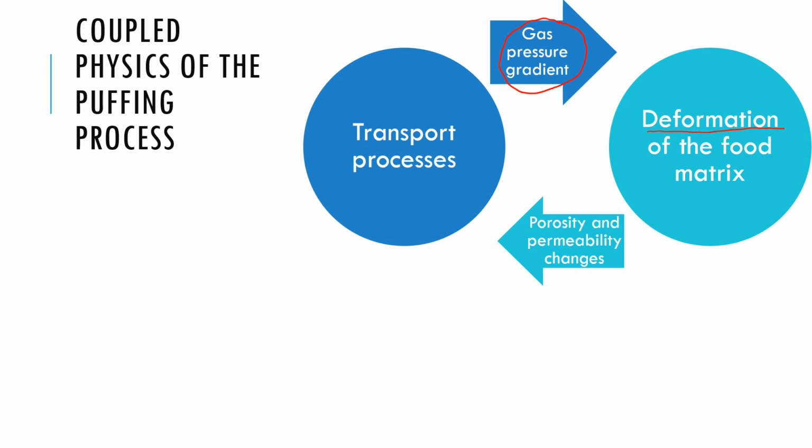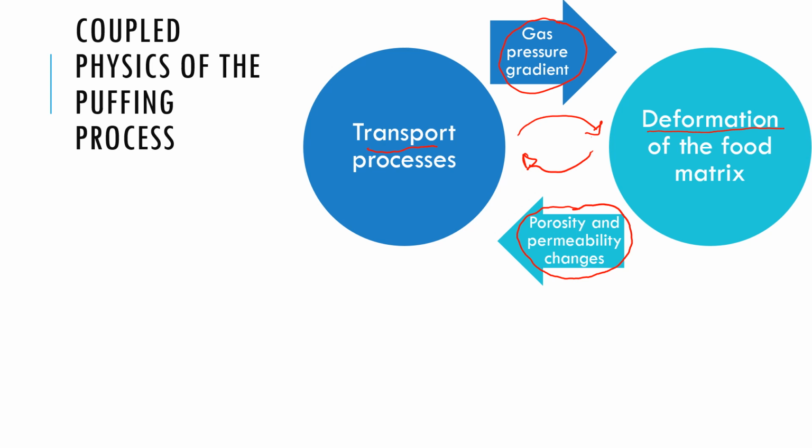So all of the transport processes, how heat moves, how liquid moves, or how the vapor moves, they all get changed because the porosity and permeability all change. So deformation also affects the transport. So it's what we call a two-way coupling. Transport affects deformation, and then deformation affects transport.